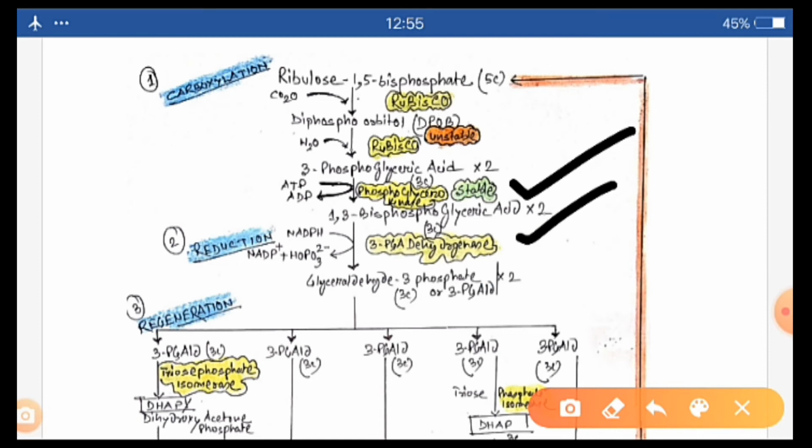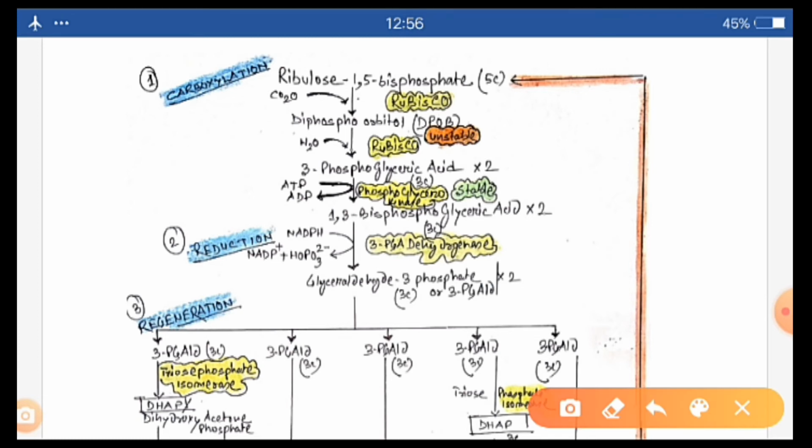That is, 2 molecules of 3-phosphoglyceric acid will be converted to 2 molecules of 1,3-bisphosphoglyceric acid, in the presence of enzyme phosphoglycerokinase with the help of ATP, which were produced in the light phase. Clear? Okay.